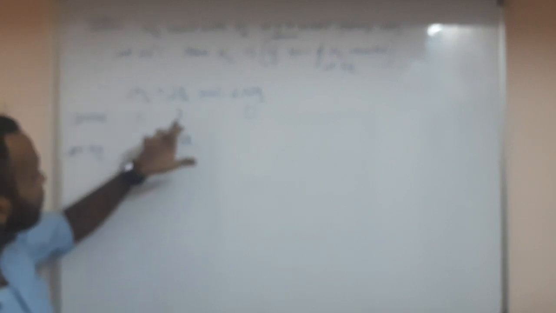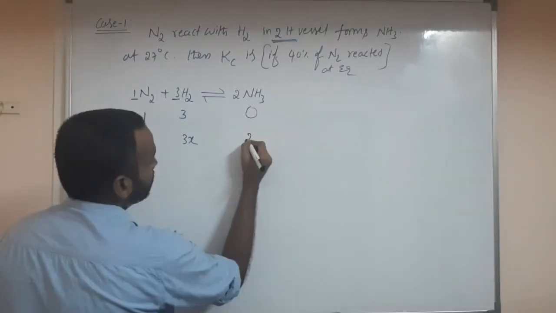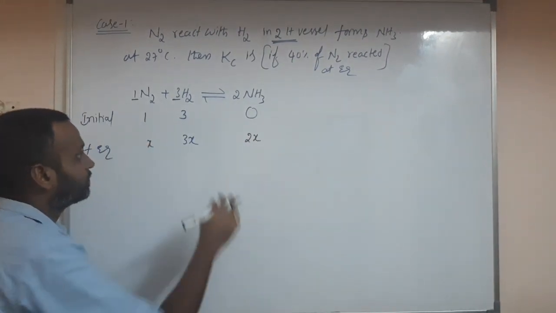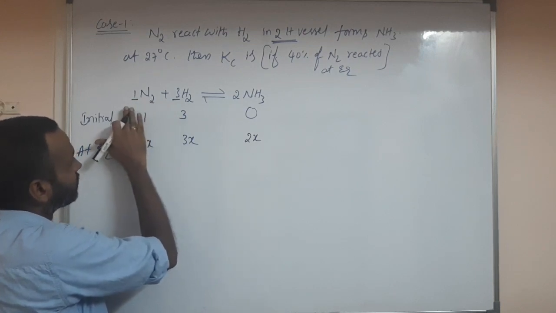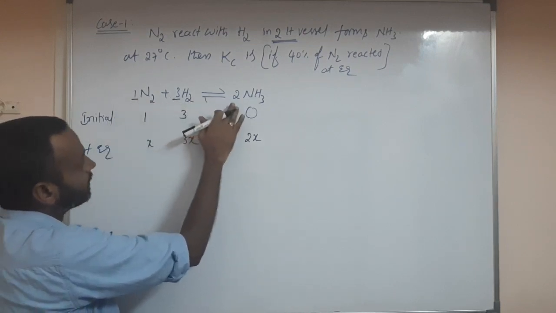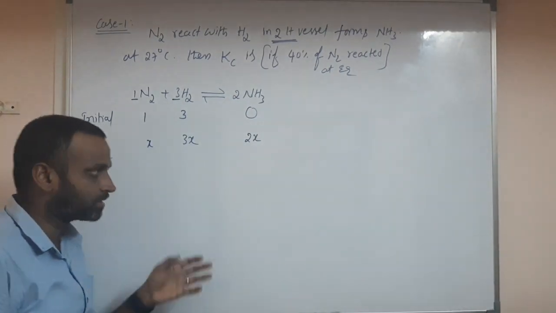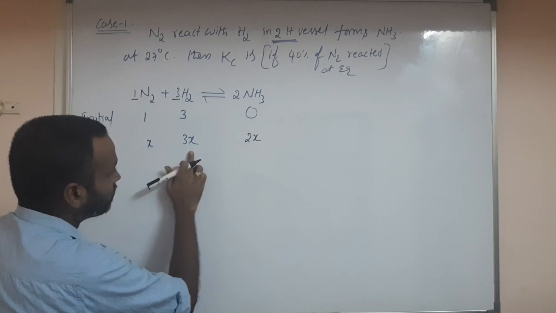This x and 3x always depend on the number of moles we have; even if they give 4 moles or 8 moles, the reaction happens accordingly.